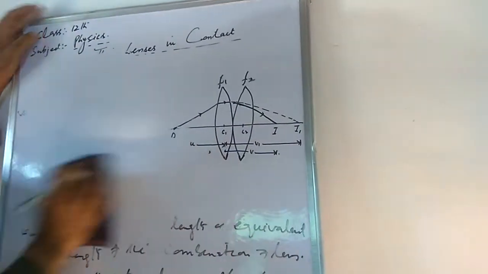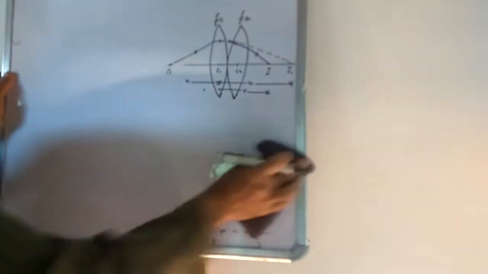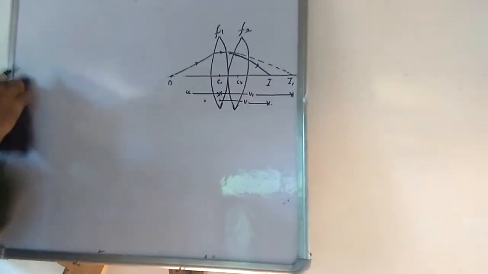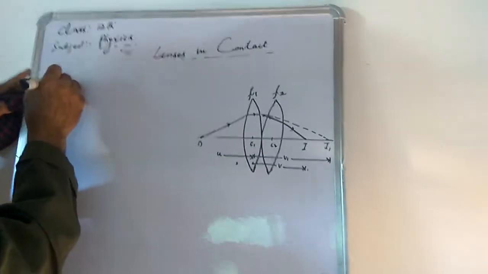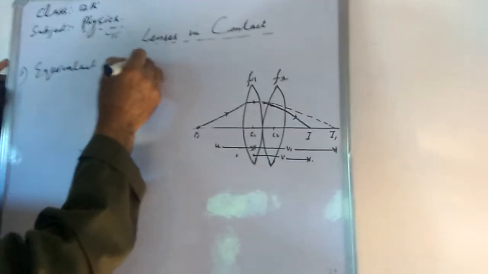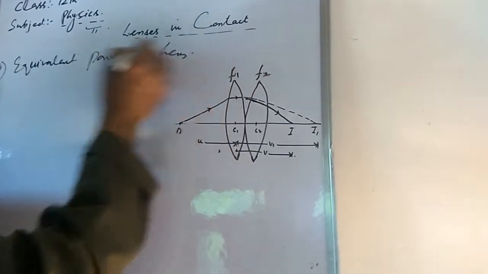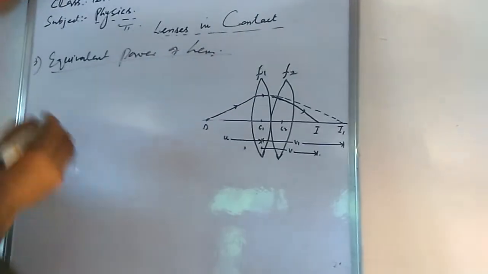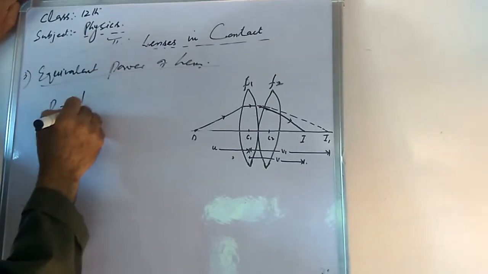What will be the equivalent power of the lens? As we know, the power of a lens is given by P is equal to 1 by f.